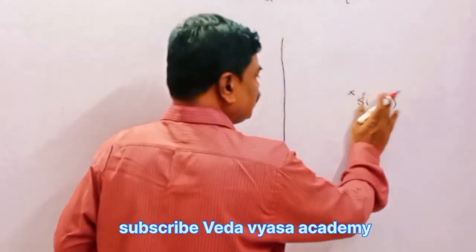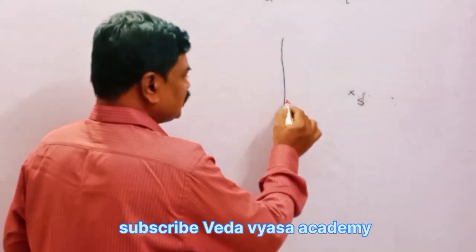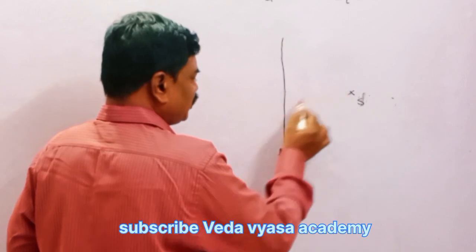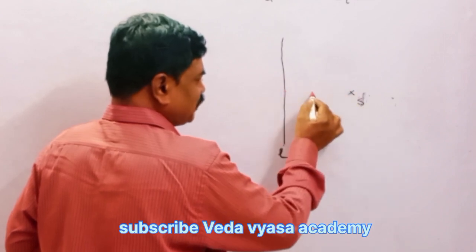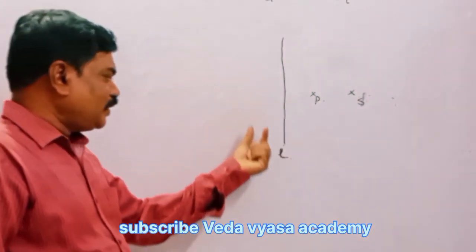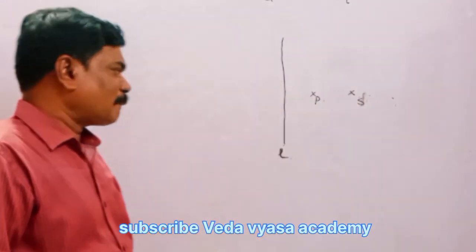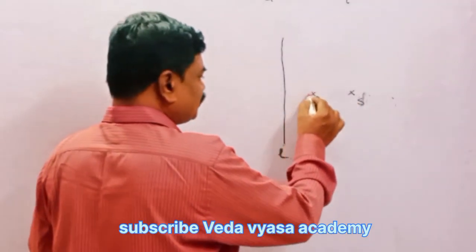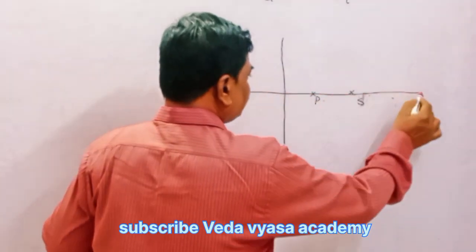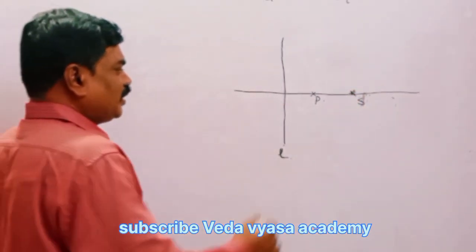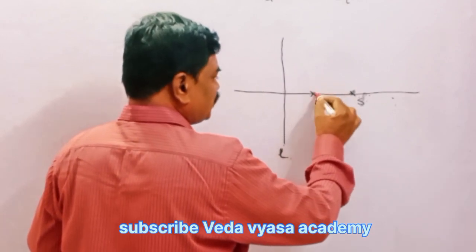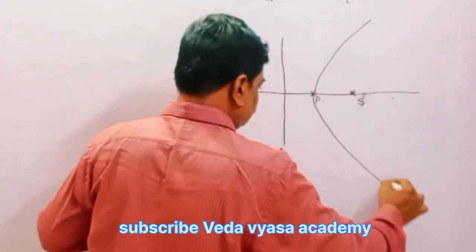A point P is the midpoint between line L and S. Then the locus of this P, where the line has the fixed point S, is like this. The locus of P is like this.